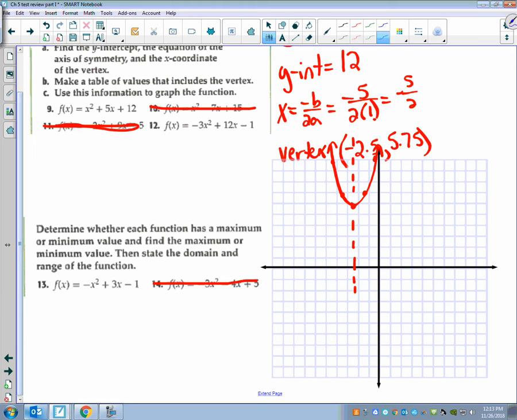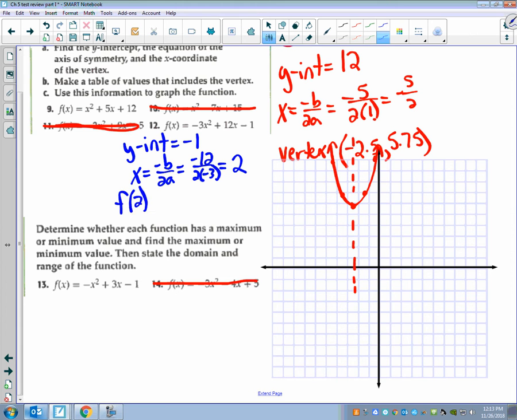Okay? So I'm going to start number 12 here, and then I'm going to end up erasing this. But number 12, the y-intercept is c, which is -1. I notice right away this is negative, so make sure you keep that in mind. The axis of symmetry is x equals -b over 2a, or in this case, -12 over 2 times -3. -12 over -6 is +2.